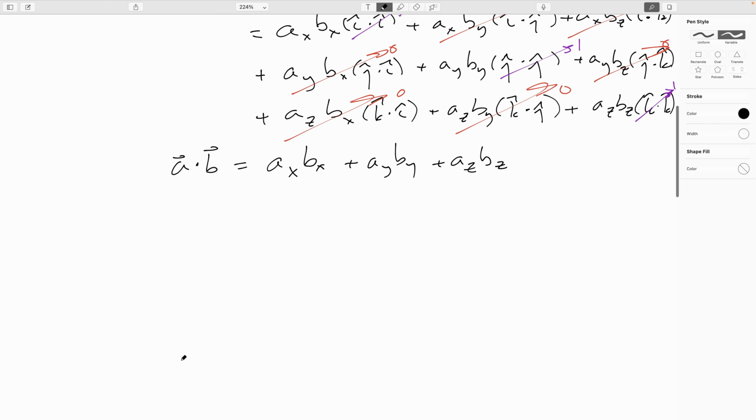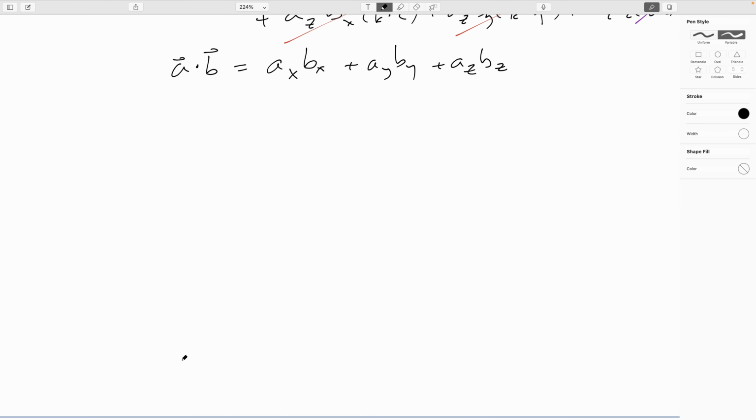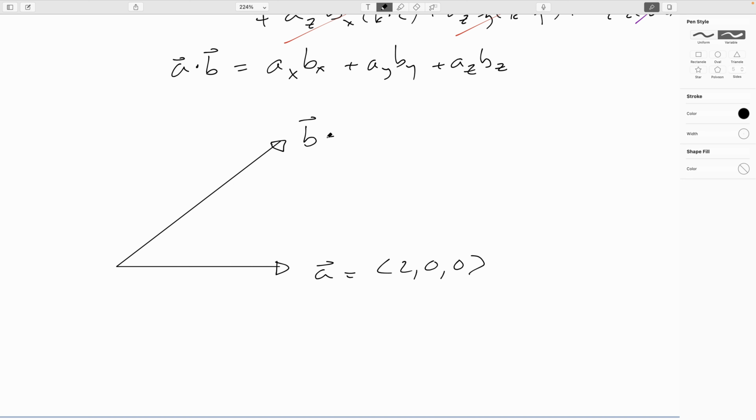Let's say you have the vectors. Let's make vector A equal to 2, 0, 0, and then we'll say that B is equal to 2, 2, 0.